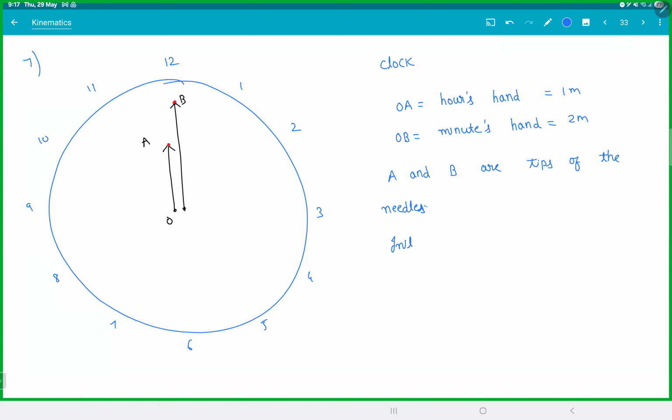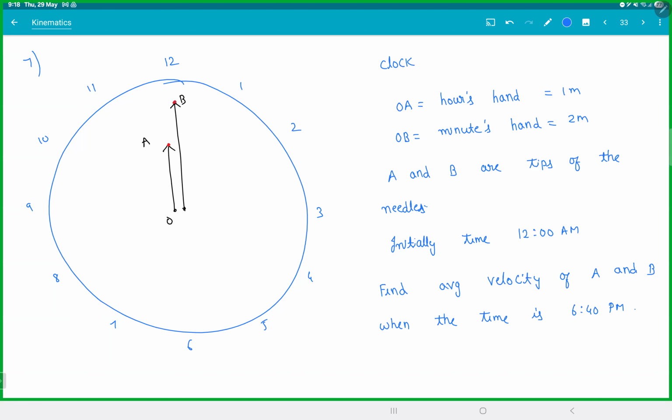Initially, the time is 12 a.m., so 12 o'clock, midnight. Find the average velocity of point A and point B when the time is 6:40 p.m. Again, what is average velocity by definition?